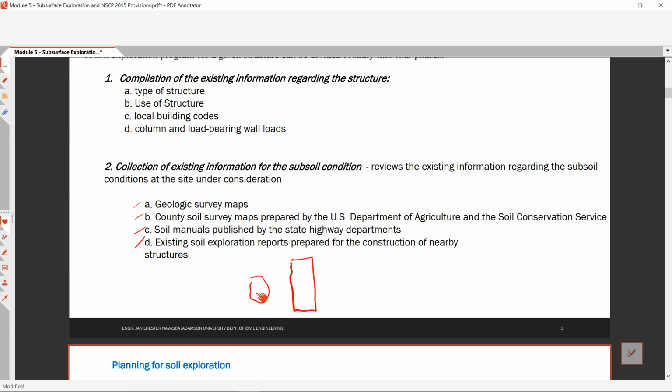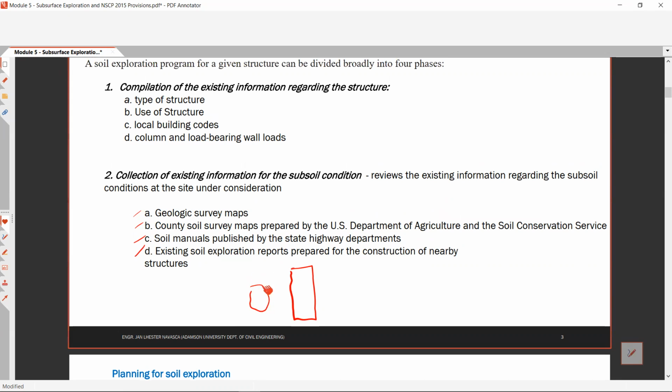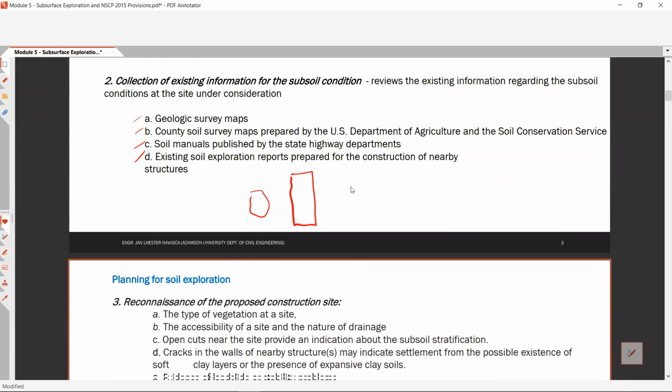So we can assume that our soil, since it is a nearby site, is somewhat like or the same as this site. So you need to check the existing soil exploration reports, if you are able to get access for the nearby structures.